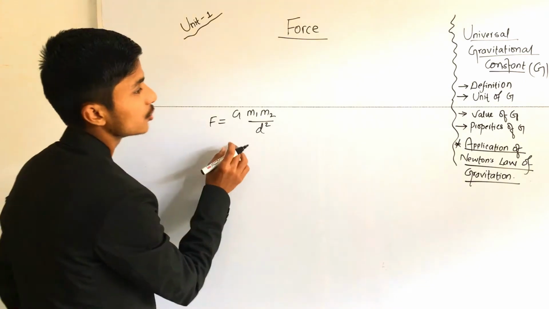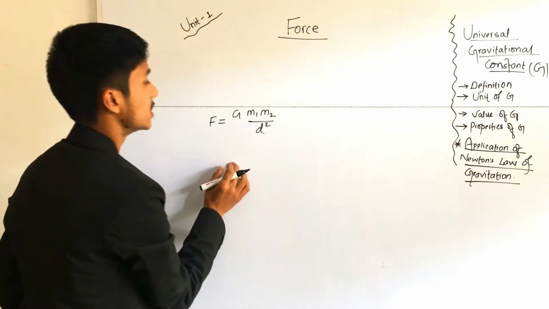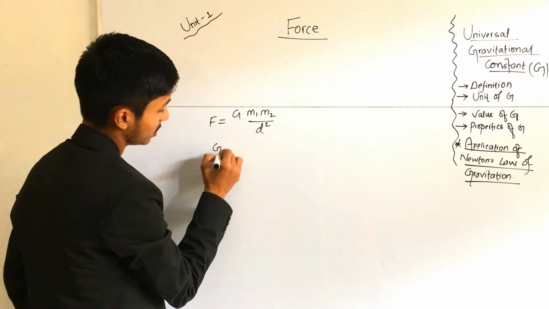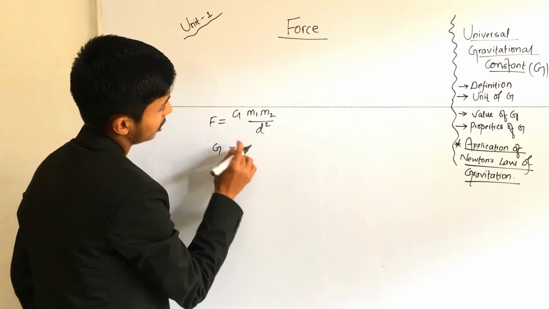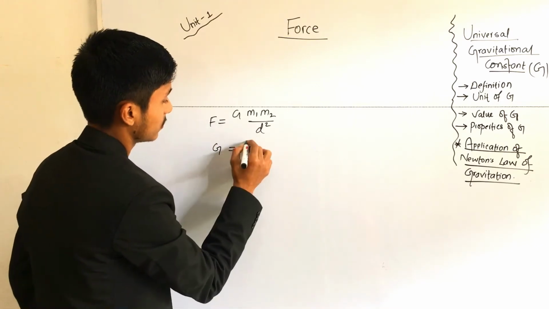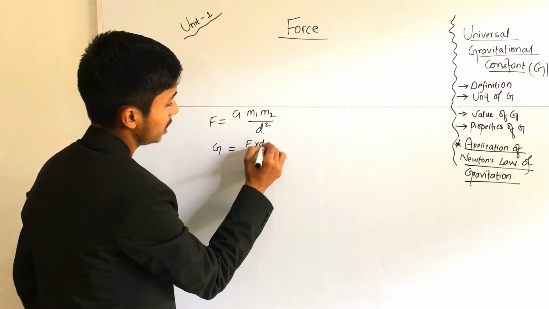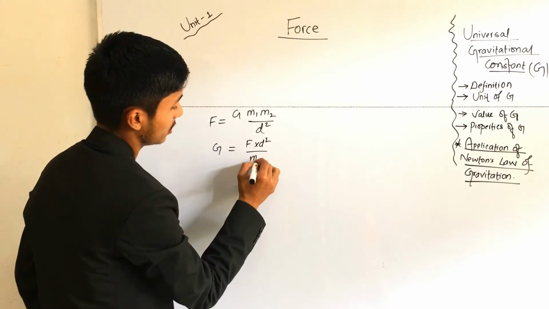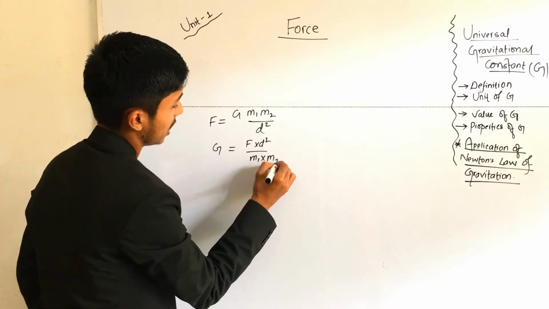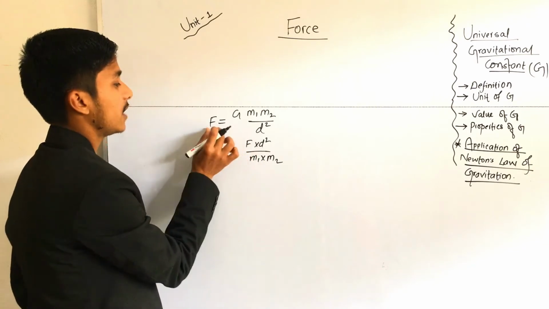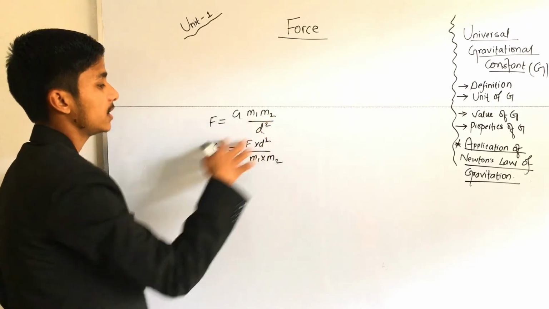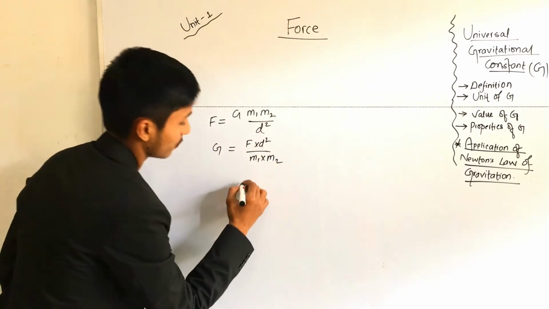So in order to find the unit of G, we derive G is equal to F into d squared by m1 into m2.